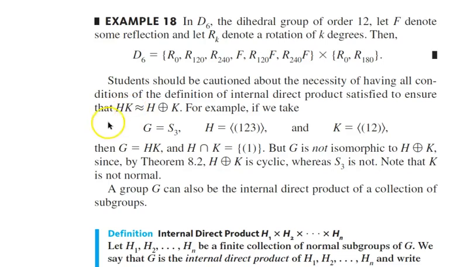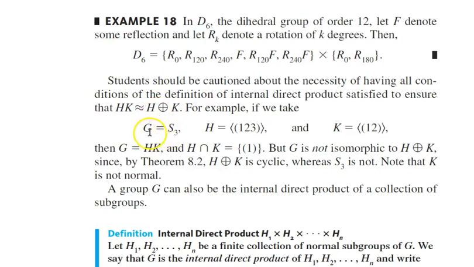That is, if some of the conditions for internal direct product are missing, then this isomorphism will not be in place.